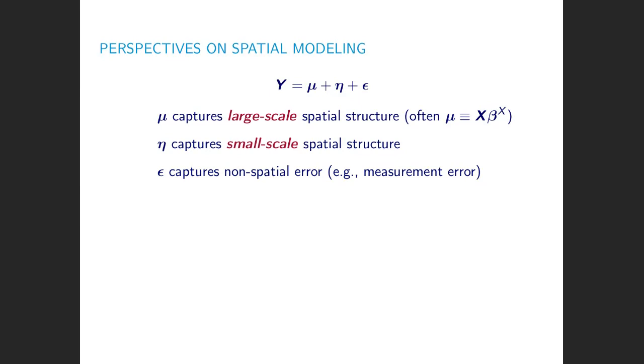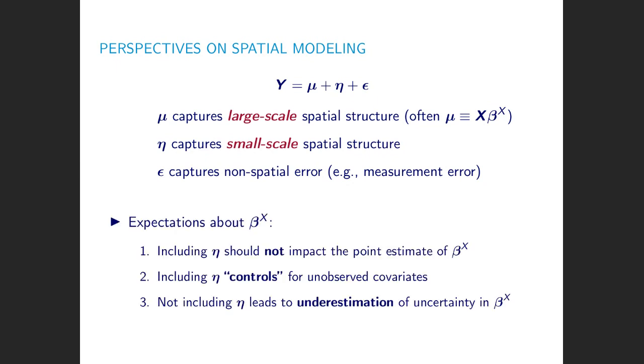And what makes this model spatial is the specification of eta, which is a random effect that captures spatial structure, typically small-scale spatial structure that cannot be explained by observable covariates x. So this general framework permeates the literature. It's where I start when I'm teaching a course on spatial statistics.